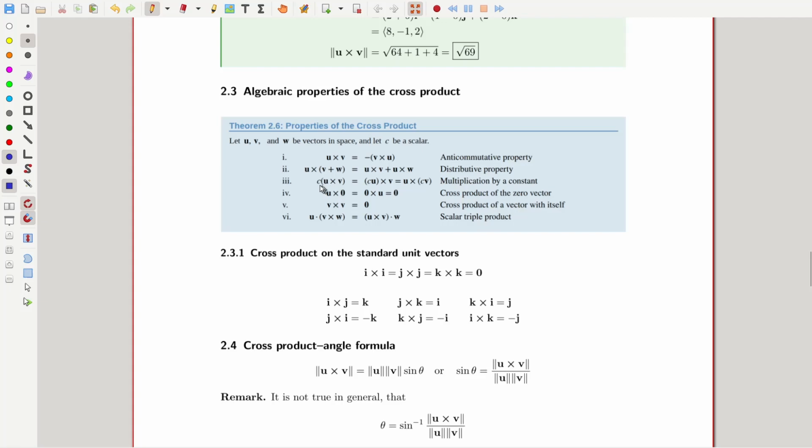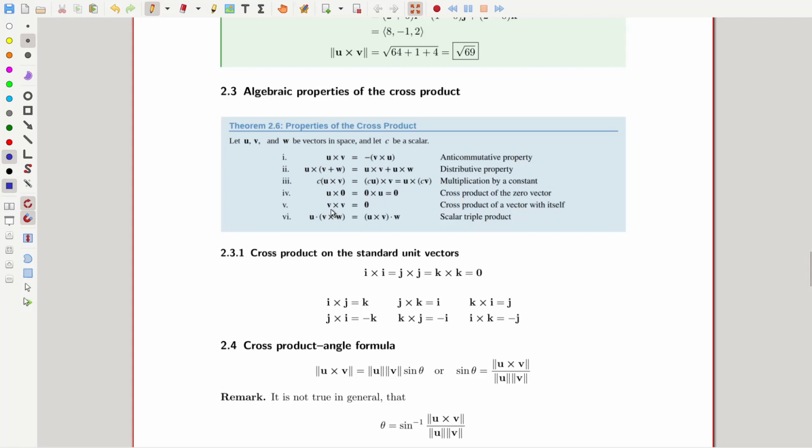Instead of scaling up the resulting vector from taking the cross product, you can scale up one of the initial arguments of the cross product, and it's the same thing. Taking the cross product of any vector with the zero vector gives you the zero vector, fine.